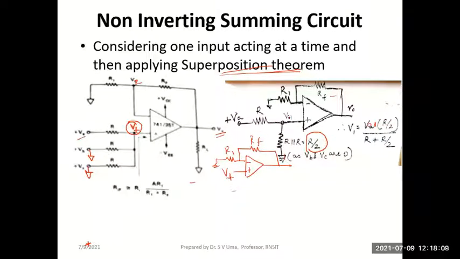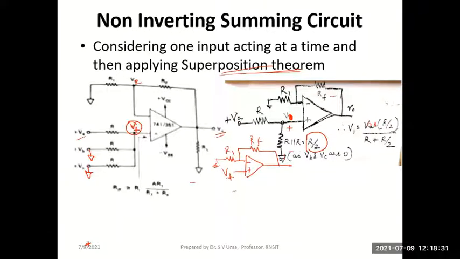Therefore, the effective voltage here will be V1 or V0A, whatever you want to consider. We call this voltage V1. To find this voltage, we'll use the voltage divider rule, because V1 is the voltage from here to here.